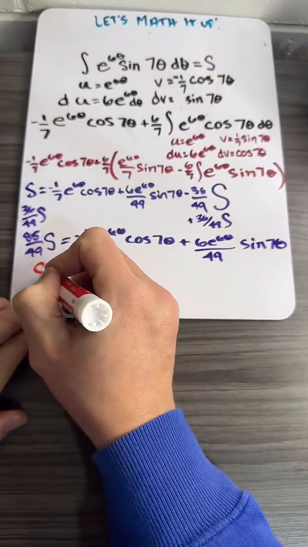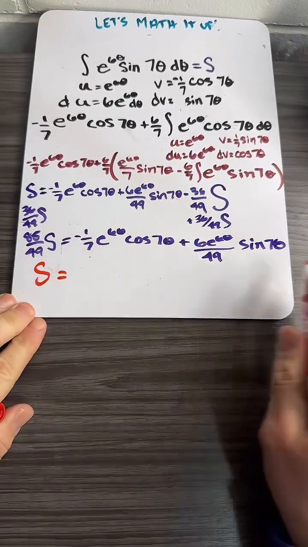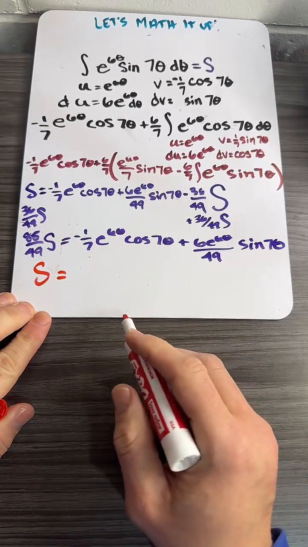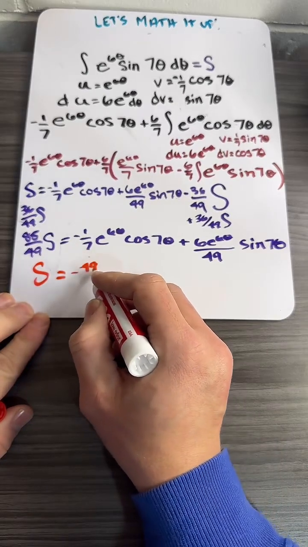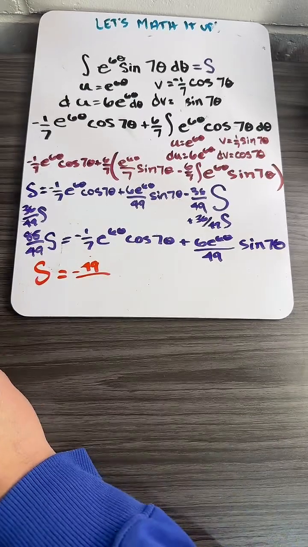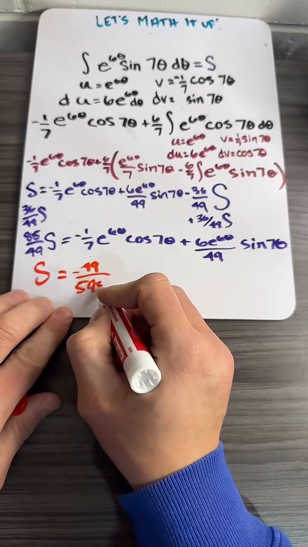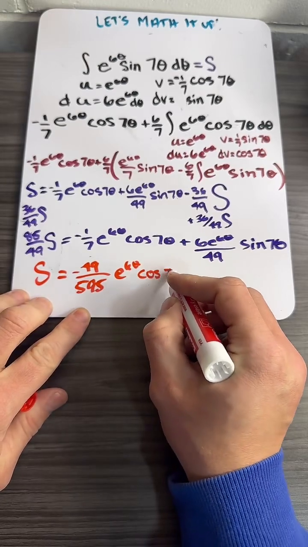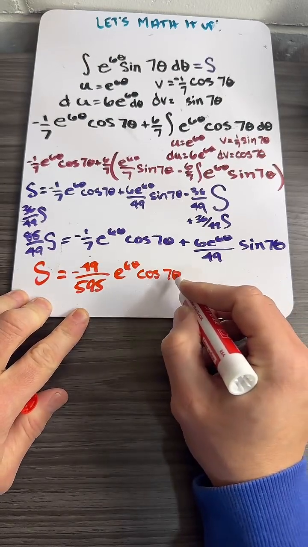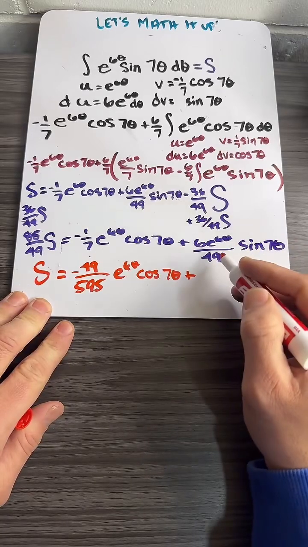All right, so S equals... I multiply everything by 49 over 85. So it's going to be negative 49 over 85 times 7. That's 595 e to the 6th theta cosine 7 theta, plus, what's nice is if I multiply this by 49, those are going to cancel.